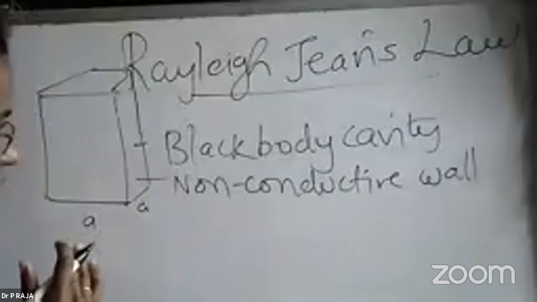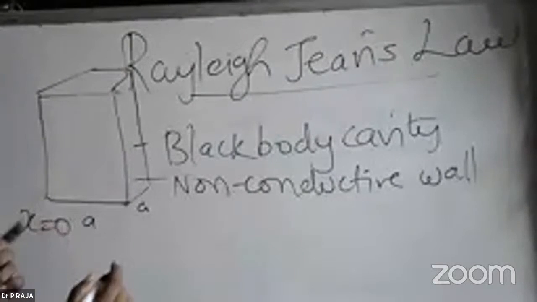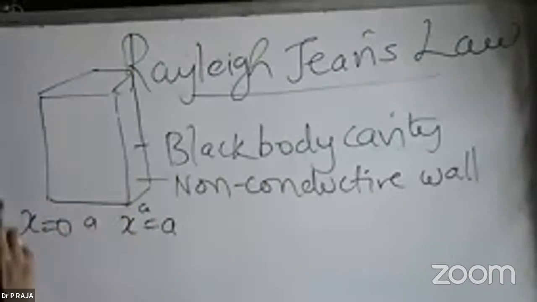Let's assume that this cavity starts from x equal to 0 and goes to x equal to A, A being the length of the cubical cavity.